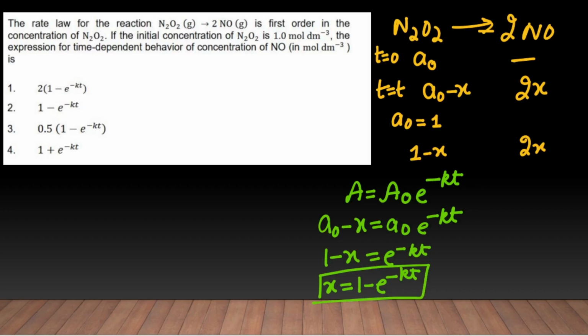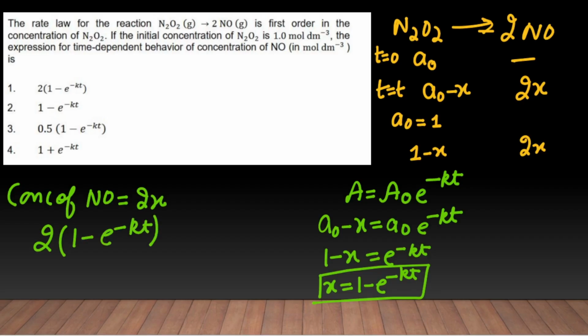So that means the concentration of NO will be equal to 2 times x, that is going to be 2 times 1 minus e raised to the power of minus kt. So this is going to be the value of NO as a function of time. So the answer becomes option 1 in this case.